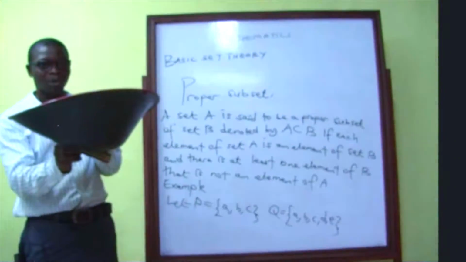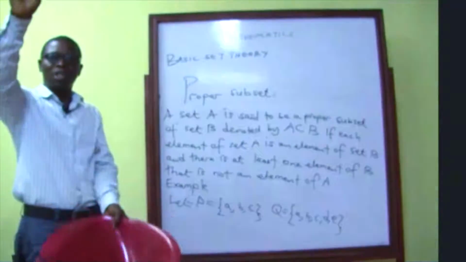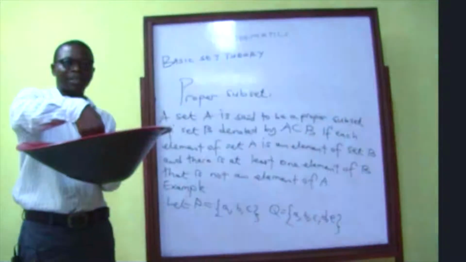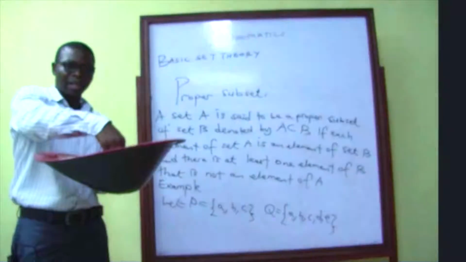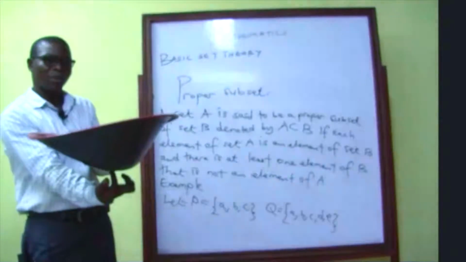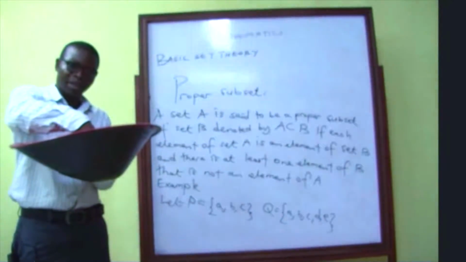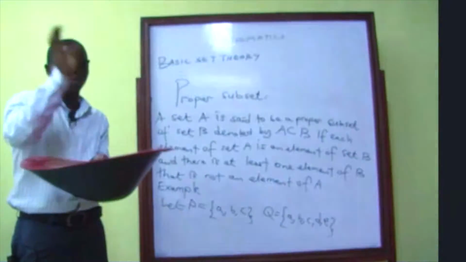It is not possible. So Q cannot be a subset of set P. But if this is P and this is my Q, P is only inside. Let's look at it again. It means Q is properly containing P, or P is properly inside Q.